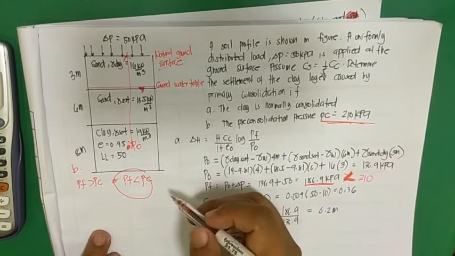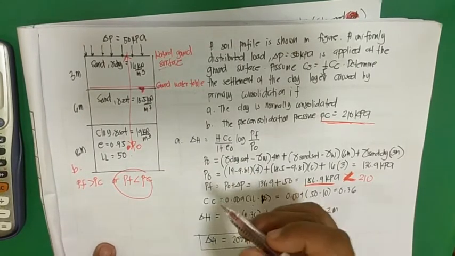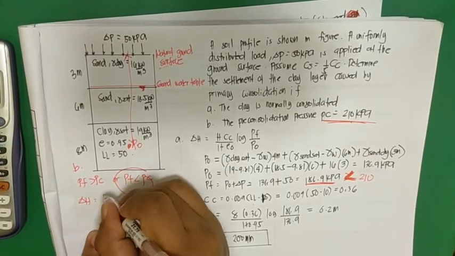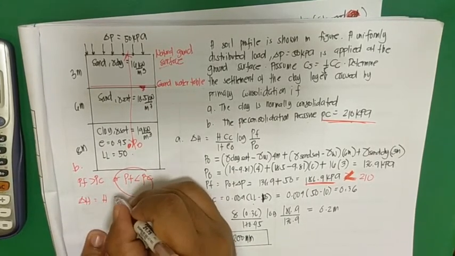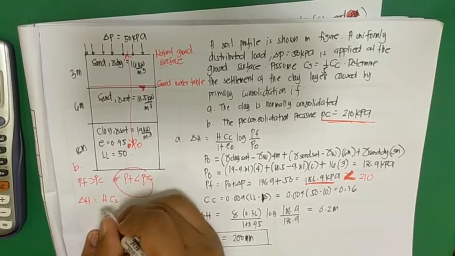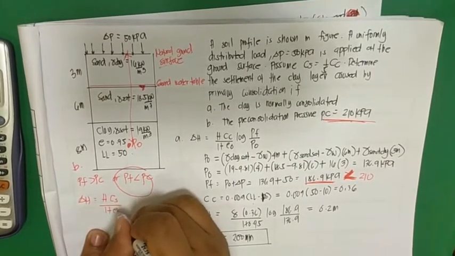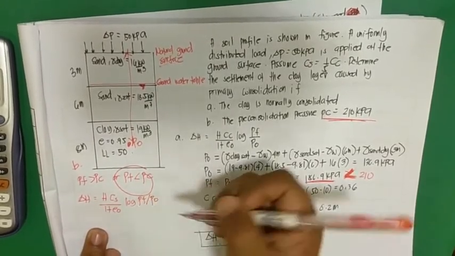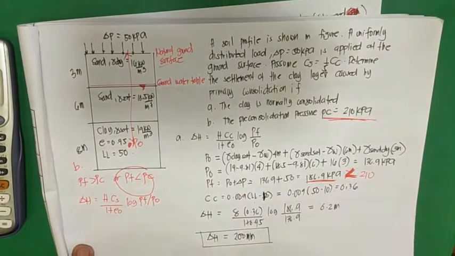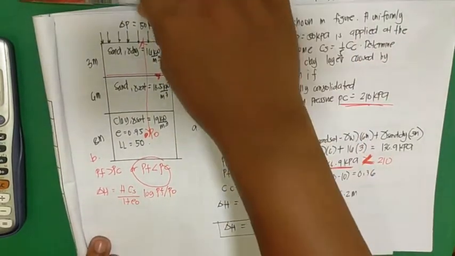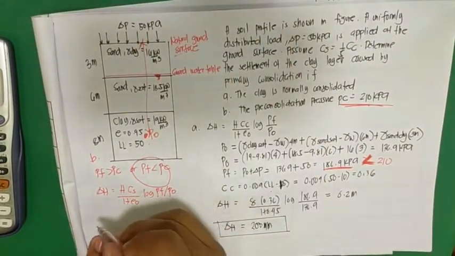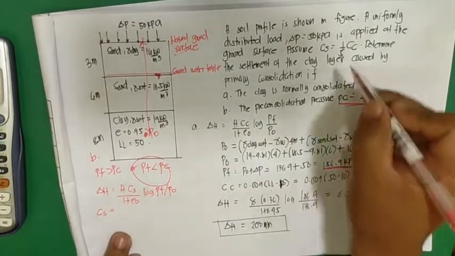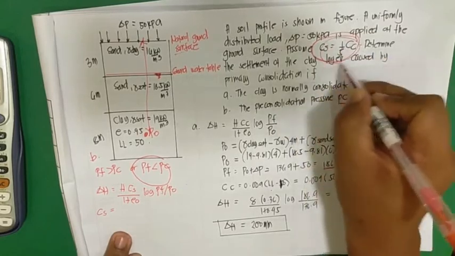Meaning, the formula to be used is delta H is equal to H CS over 1 plus EO log of PF over PO. Okay? So here, for letter B, the only problem is the value of CS, but it's already mentioned here.